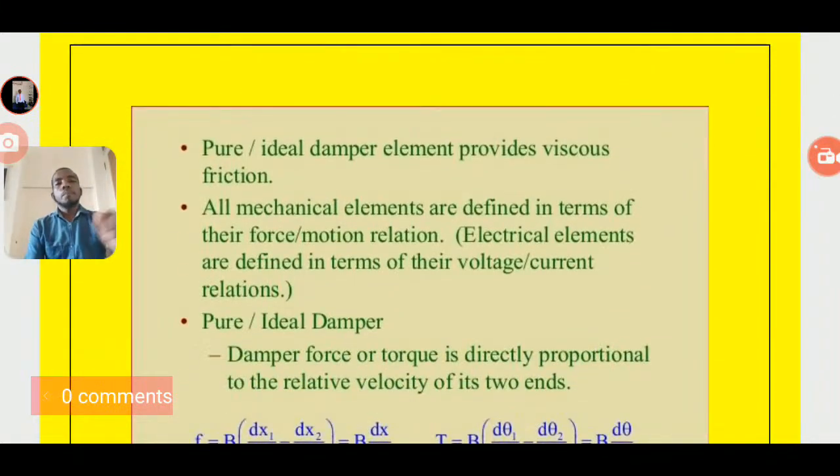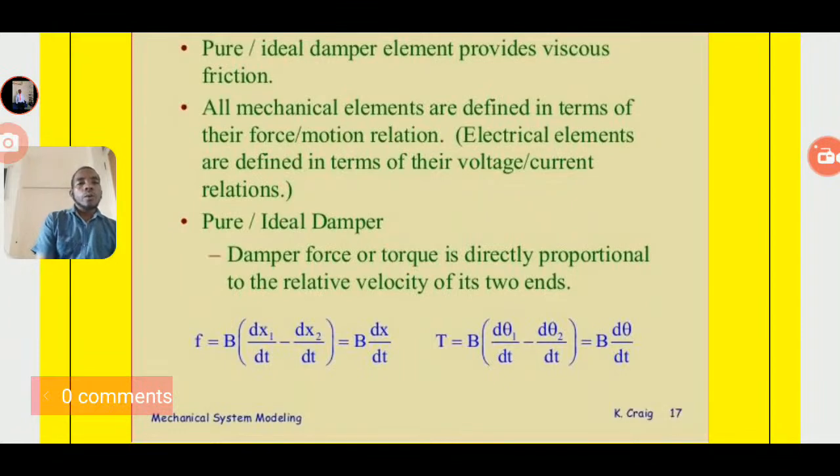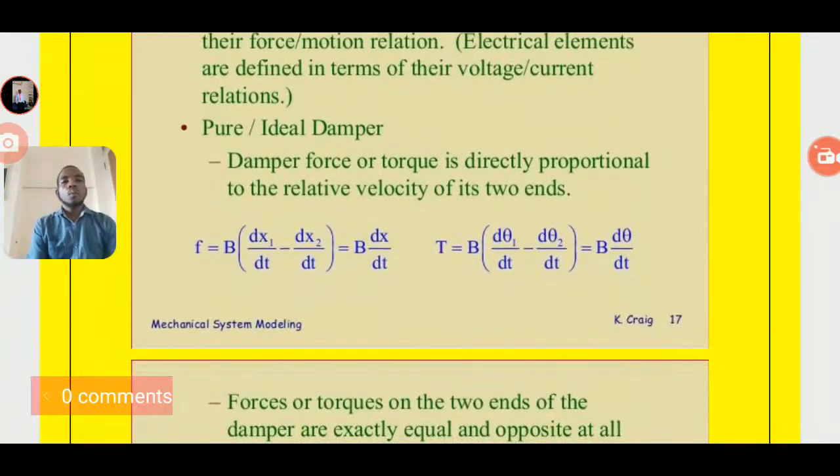The pure or ideal damper element provides viscous friction. All mechanical elements are defined in terms of their force-motion relation, while electrical elements are defined in terms of their voltage or current relations. For a pure or ideal damper, the force or torque is directly proportional to the relative velocity.